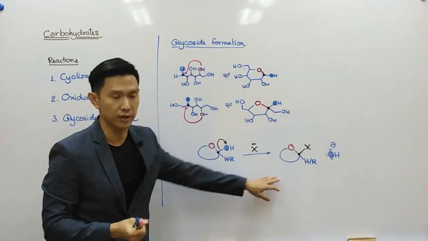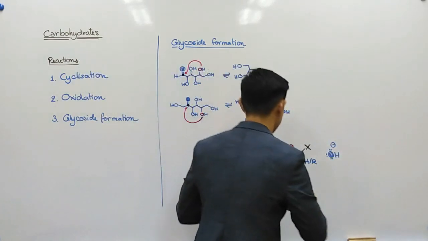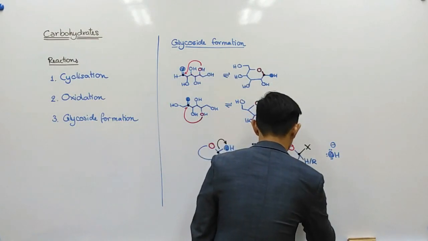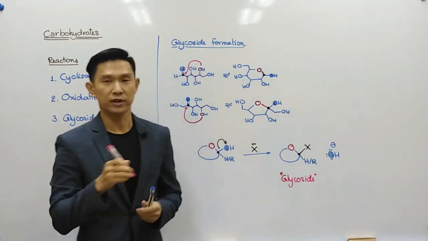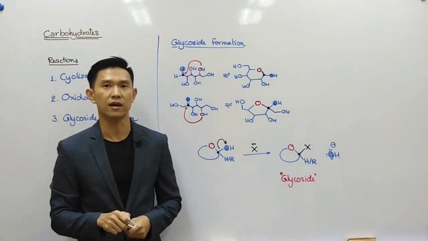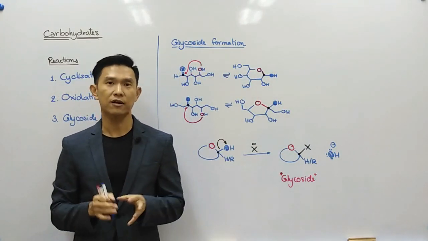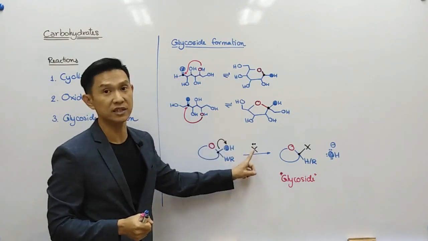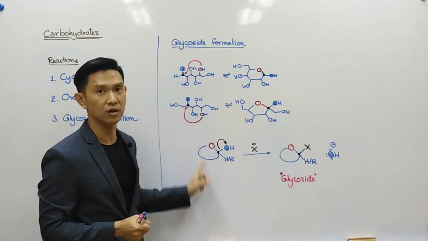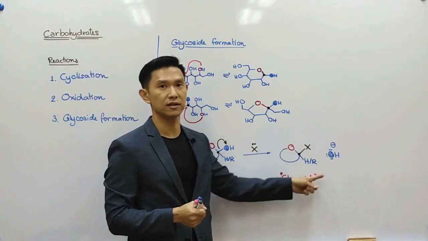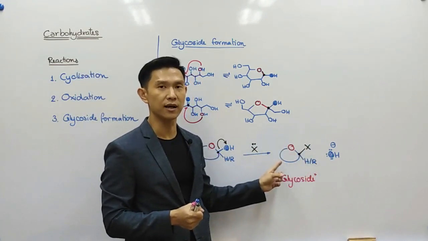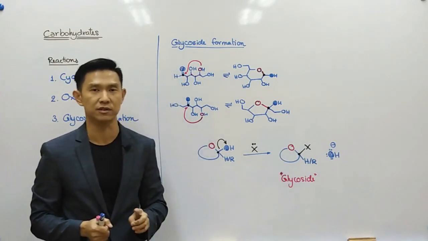So this kind of thing is called glycoside. For example, you may have heard the word glycoproteins. So with glycoproteins, you use proteins to react with your sugar, and at the end you have proteins connecting with the sugar, and we call this glycoproteins.